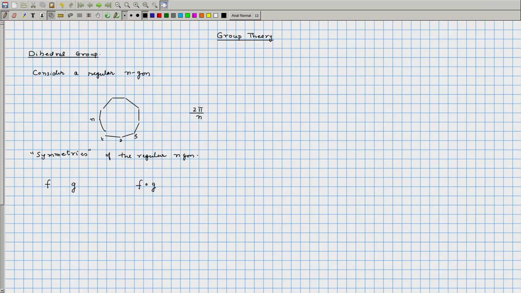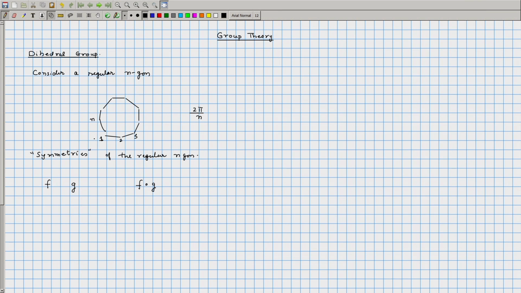Now, how do we describe these symmetries? We could of course think of them as maps from R3 to R3, but that is a huge object. You are mapping every point from R2 to some point in R2. Okay. But here what really matters is where vertex 1 is being sent to. Okay. So, we can in fact represent every symmetry of the regular n-gon by means of a permutation.